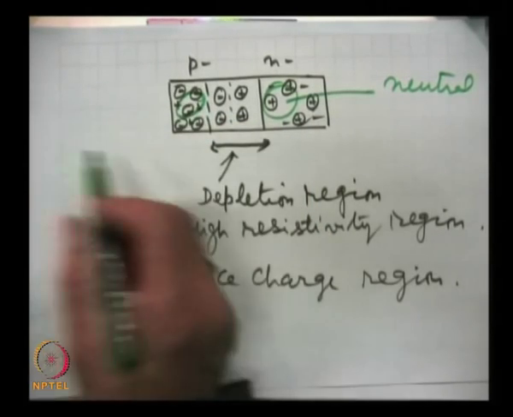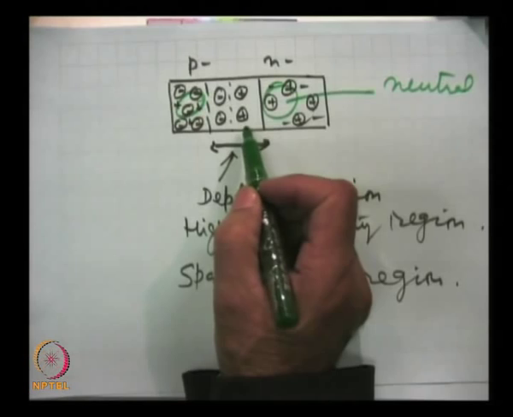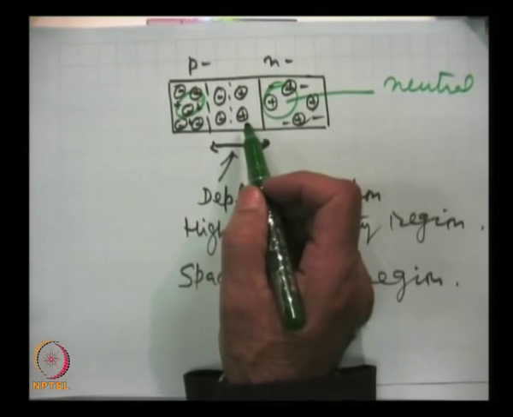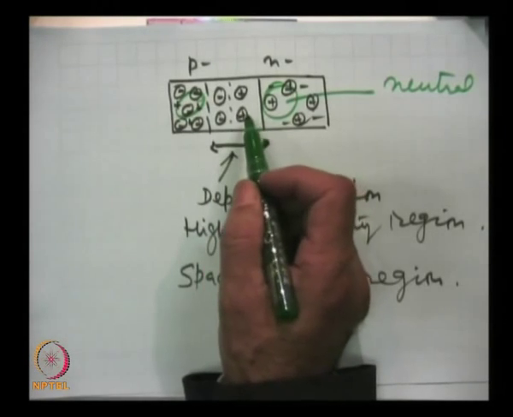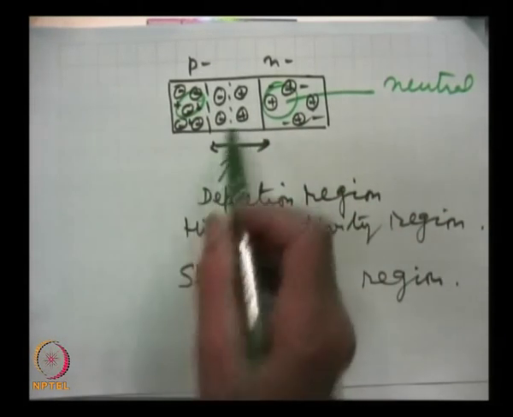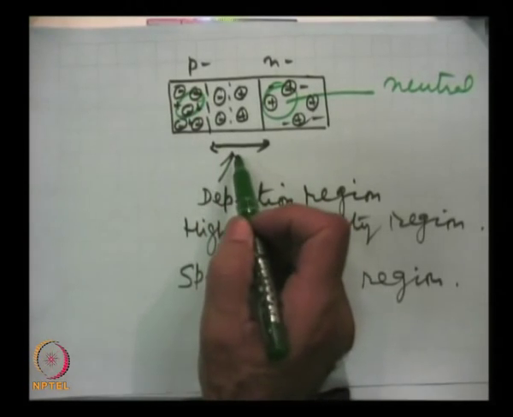Similarly, this is neutral, but this is not neutral. Here the charges which were neutralizing the effect of these charges have been depleted. So, this is the depletion region, which is a space charge region and a high resistivity region.